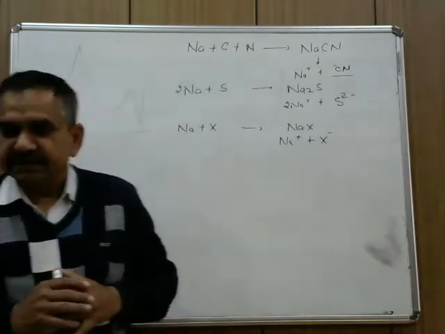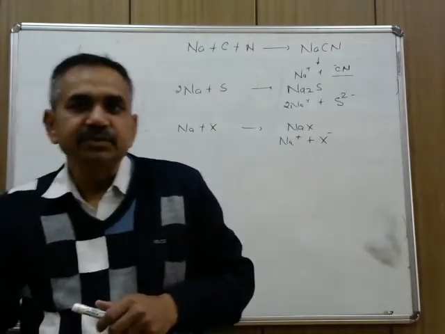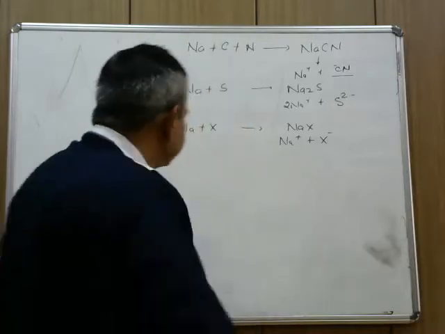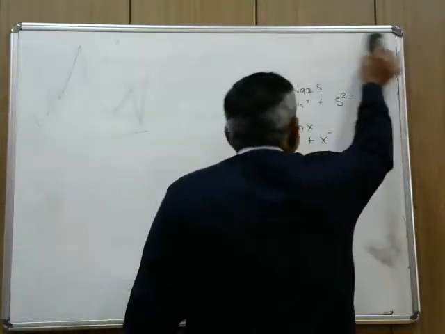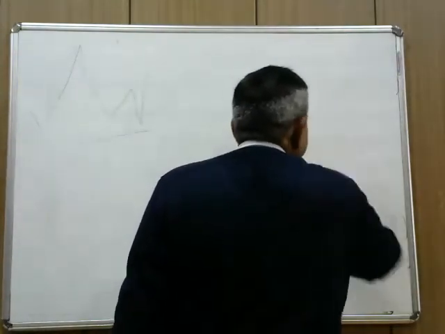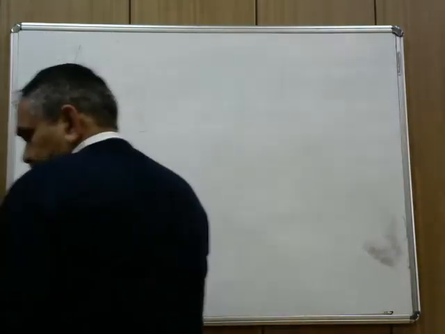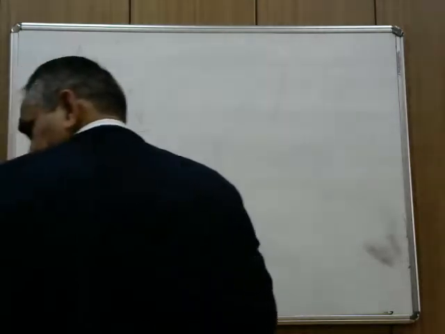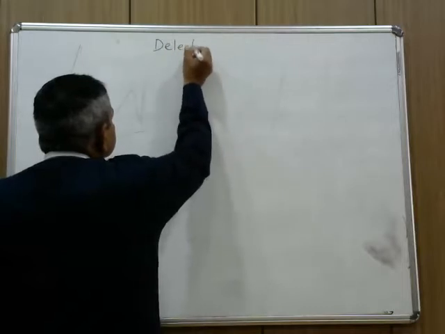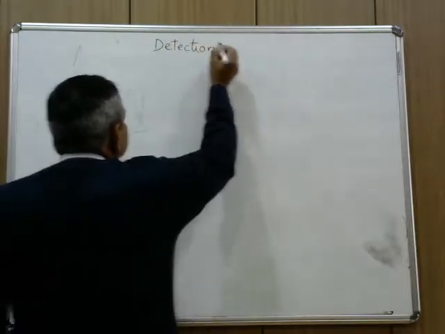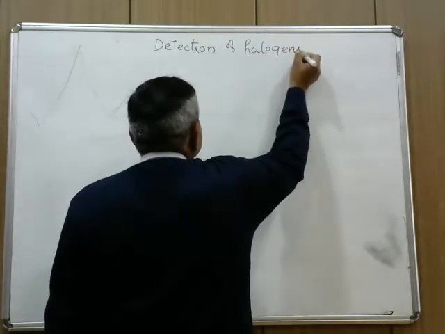Now let us see how individual elements are detected using Lassaigne's extract. First we see the detection of halogens.